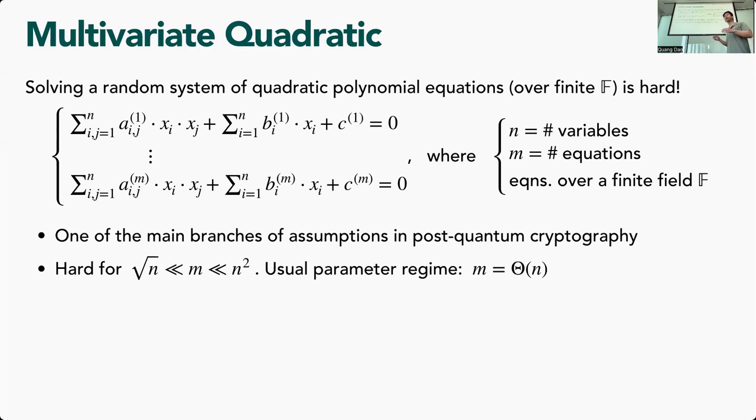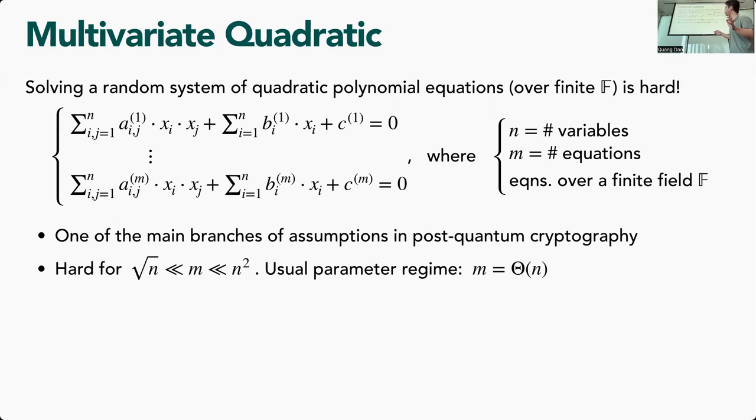And vice versa, in the overdetermined regime, we don't expect any solutions to exist. Okay, and the claim is that it should be hard to solve in each of those. For the overdetermined case, you're planting a solution, and then the adversary should find a solution.